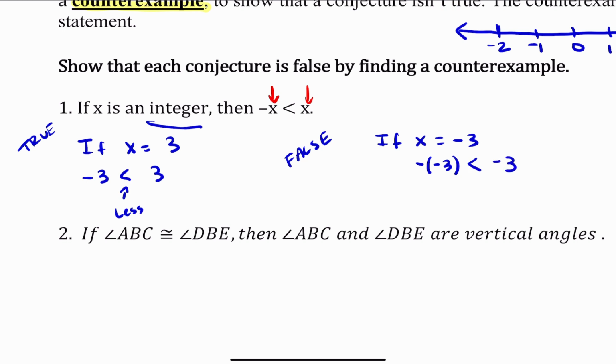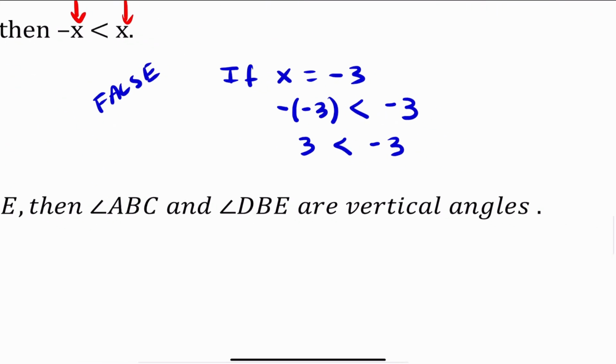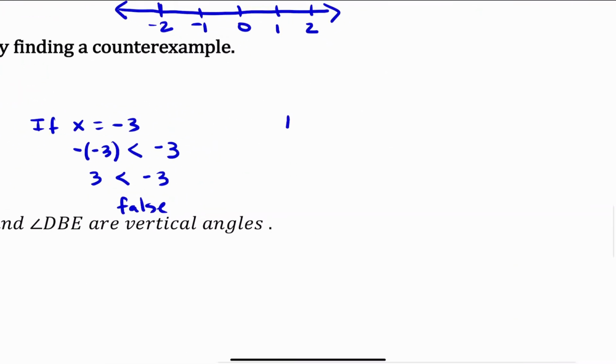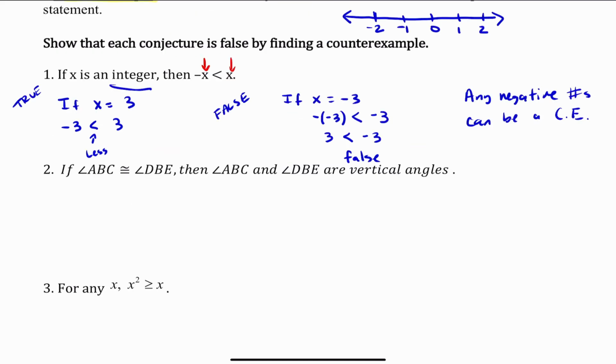And then we have a negative times a negative. That's a positive. Is that less than -3? No, not at all. So this is me showing a counterexample where any negative numbers can be a counterexample.